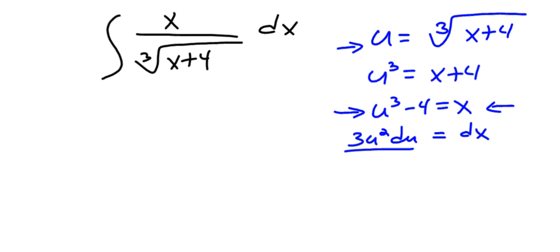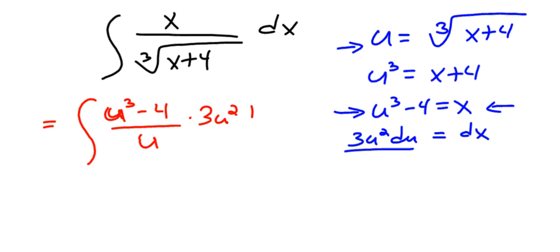Now I can go ahead and do my substitution. So my integral is now going to be: I have for u the whole denominator. In the numerator, I'm going to substitute in for x the u cubed minus 4. And for the dx, I'm substituting in the 3u squared du.